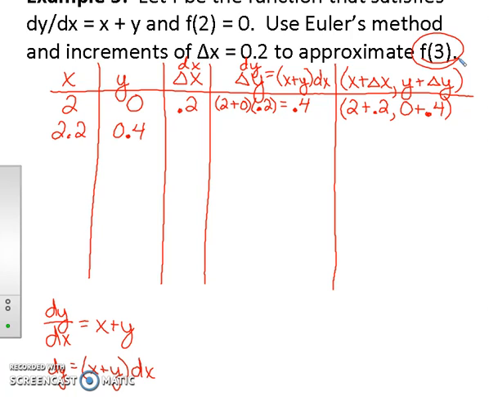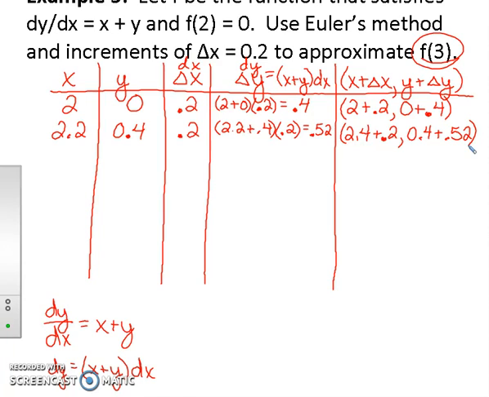And I'm going to repeat this process for each new xy pair until I come to an x value of 3. So my change in x is going to be constant. It's always that amount of 0.2. The change in y, though, depends on my current xy values and my change in x. So 2.2 plus 0.4 times 0.2. So that would be 0.52. So now 2.4, I'm adding 0.2 to it, and 0.4, I'm adding 0.52 to it.